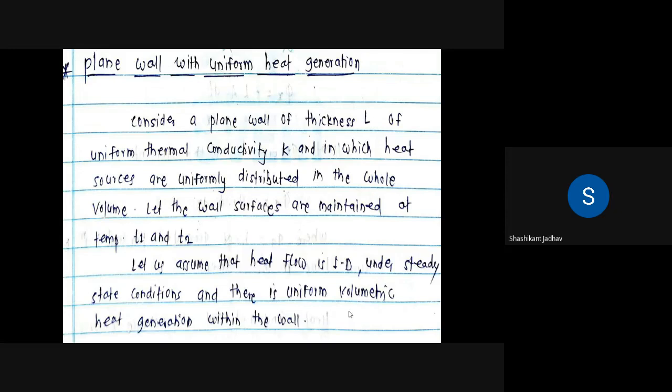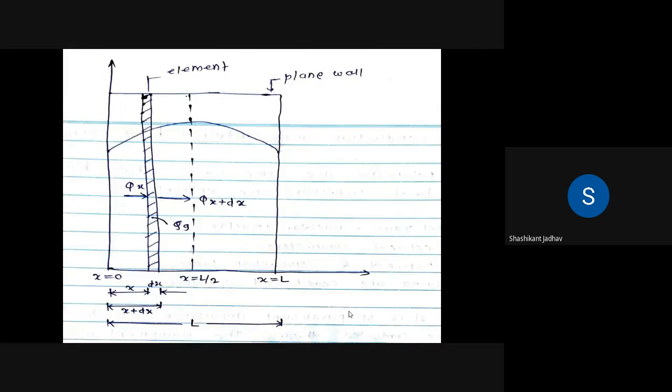These are the parameters that we are considering. So draw this diagram. This is the plane wall having thickness L. We have to consider different cases: x is equal to 0, at the center x is equal to L by 2, and at the right hand side x is equal to L. So we are considering one small element.